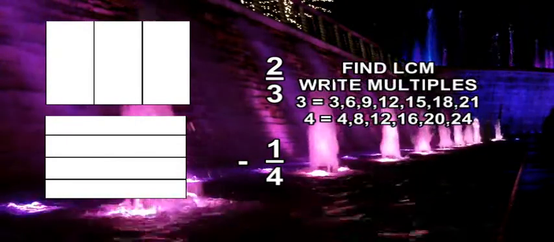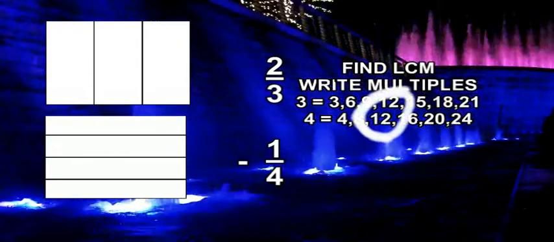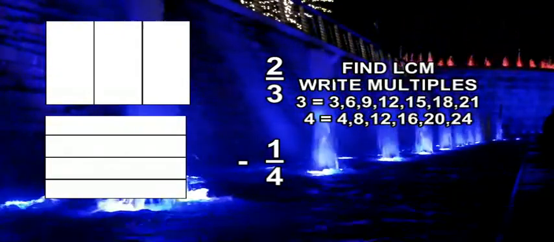The LCM will turn into the common denominator. To find the LCM, you need to write out the multiples. The LCM of 3 and 4 would be 12. Since the LCM is 12, the common denominator will also be 12.